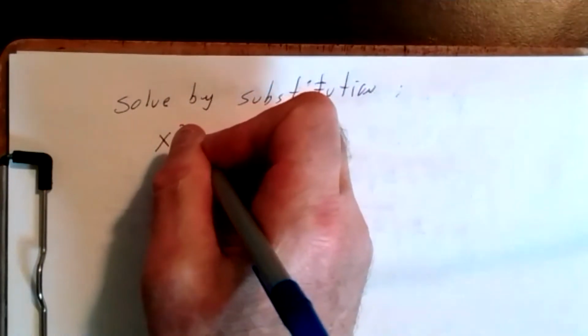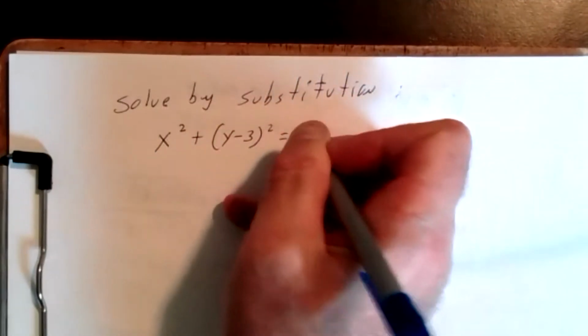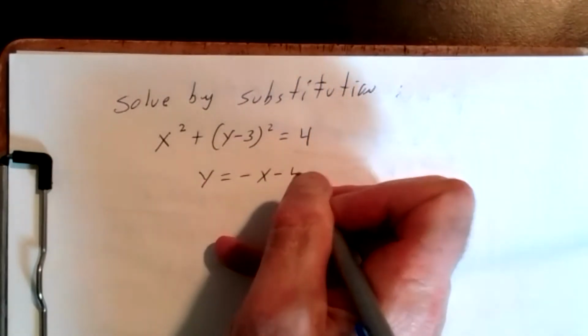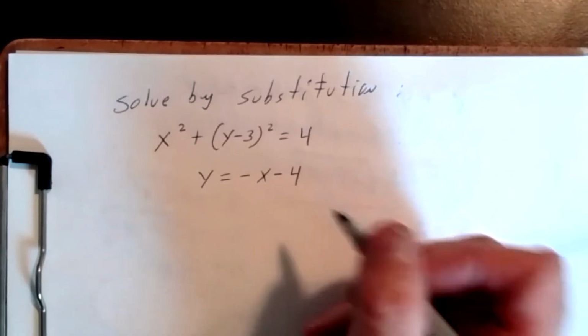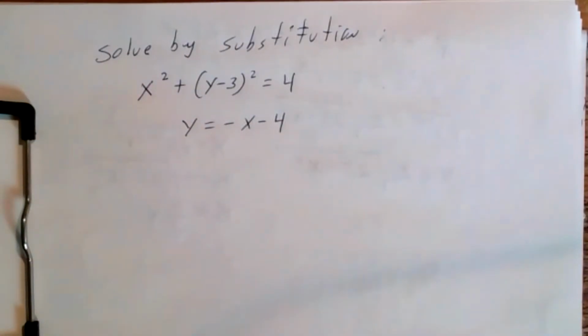First equation is x squared plus (y minus 3) squared equal to 4. And the second equation is y equal to -x minus 4. How would we solve this system by substitution? What would I do here?